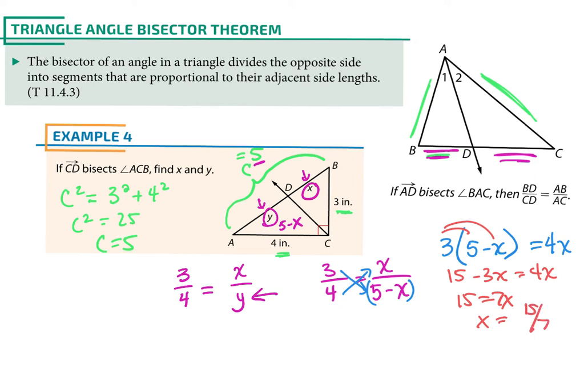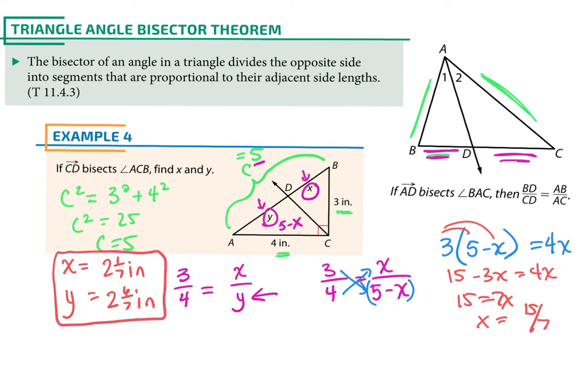All right, 15 over 7. So I have my first piece, x equals, you can write it, I think they wrote it as a mixed number, 1 2/7. And then y is just going to be 5 minus that. So it's just going to be 2 6/7 when I subtract that from 5. So if they wanted x and y here, we could solve using the entire hypotenuse.